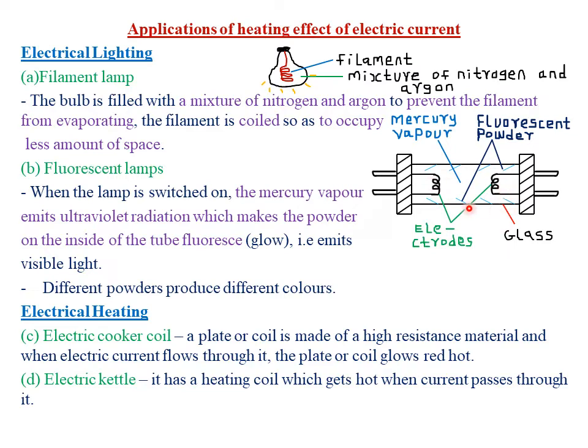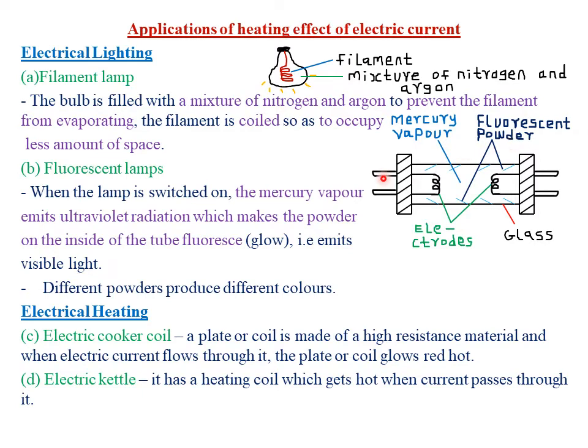Then we have the glass, which seals and protects the apparatus that are enclosed within the fluorescent lamp. In between we have the mercury vapor. Then on the walls we have the fluorescent powder, which in most cases is white in color. So most fluorescent lamps have some white powder, the fluorescent powder, which glows when ultraviolet radiation meets it.